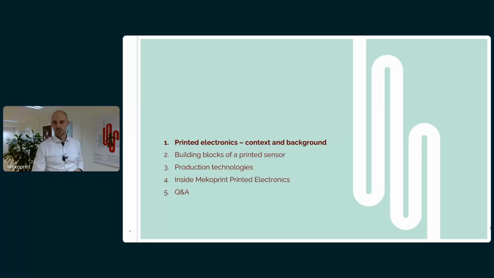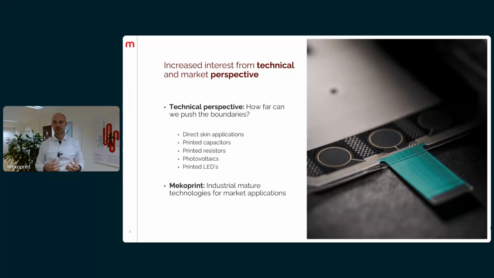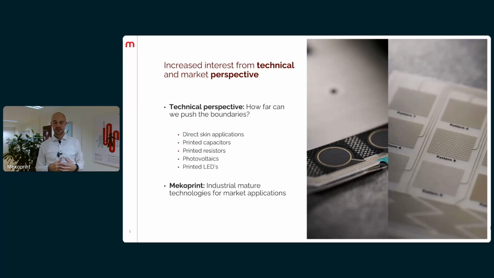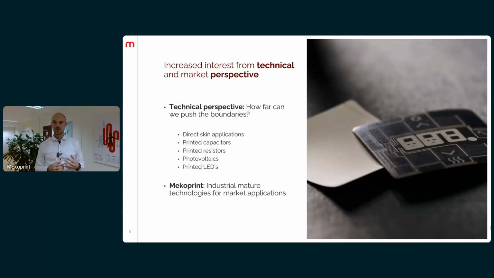So let's start with why we think printed electronics is a very interesting area. As a screen printing company, MegaPrint has been a leading supplier in the area of printed electronics for many years by now. And we've seen a dramatic increase in interest on different levels, both from a technical and from a market perspective.